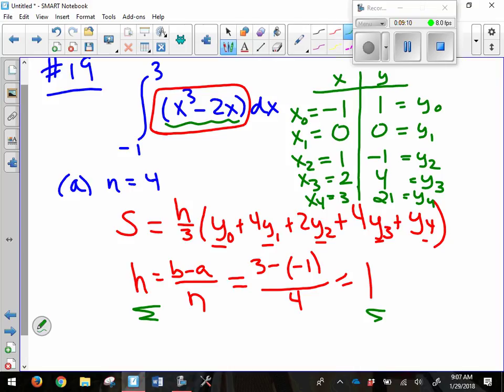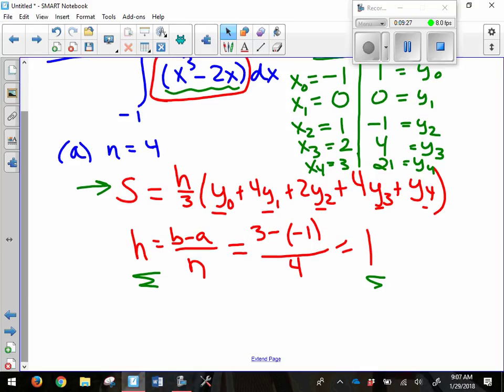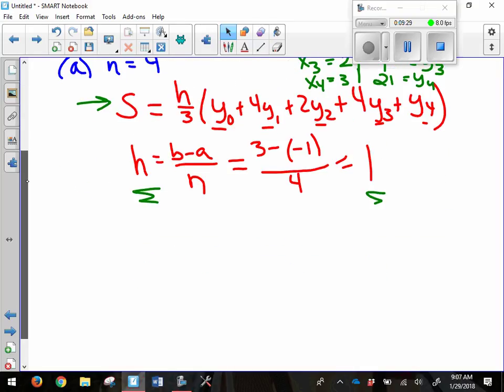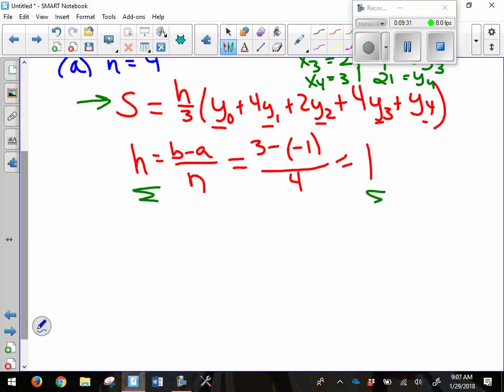So now we've got all the values that we're going to need to evaluate the area using Simpson's rule. We did all the way to 4.